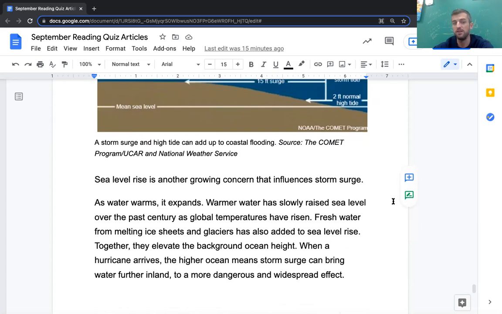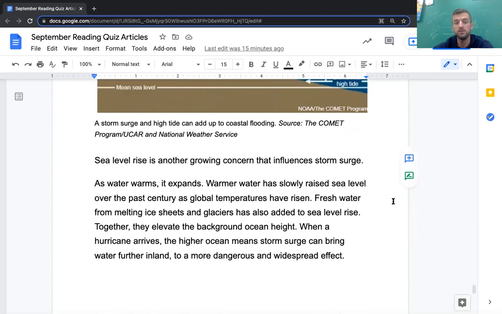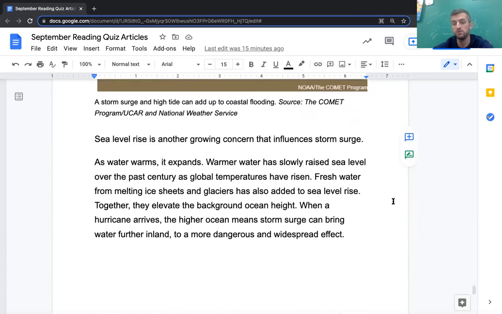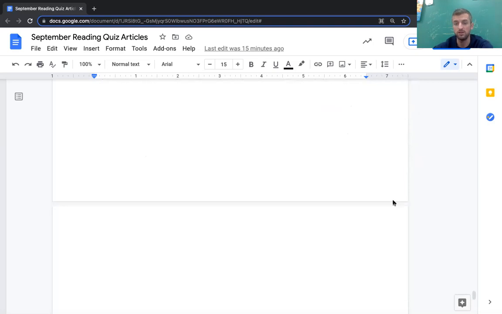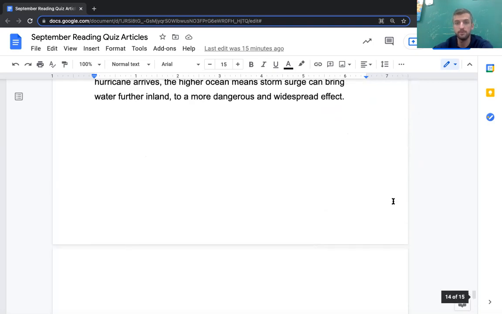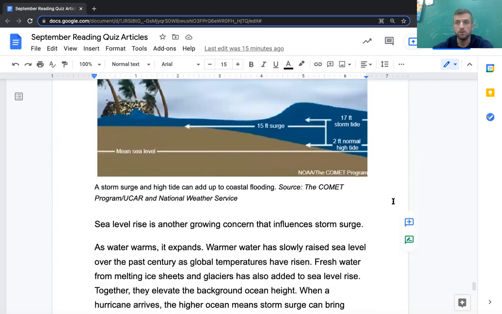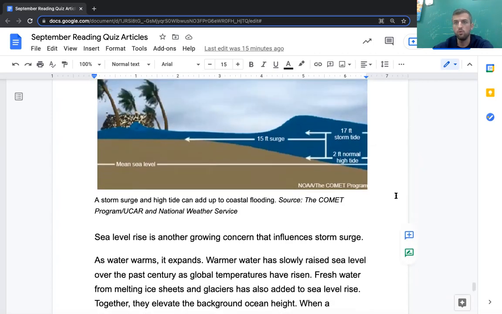Together, they elevate the background of ocean height. When a hurricane arrives, the higher ocean means storm surge can bring water further inland to a more dangerous and widespread effect. Wow. So, yeah, that's not great.